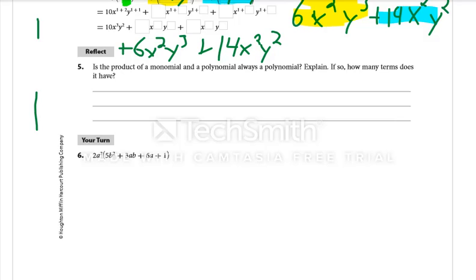All right, so on this one, we are going to distribute the 2a squared through to each piece.